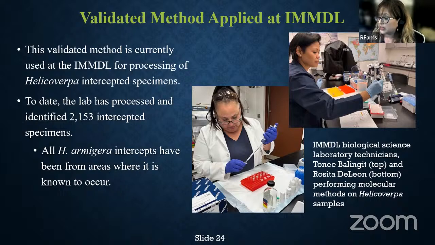So we do routinely get these, and to date, we've processed over 2,000 of these intercepted specimens. I will note that all of the specimens that have been identified as Helicoverpa armigera have been coming from areas where it is known to occur. So far, we're still not seeing any from our neighboring countries or from the US.